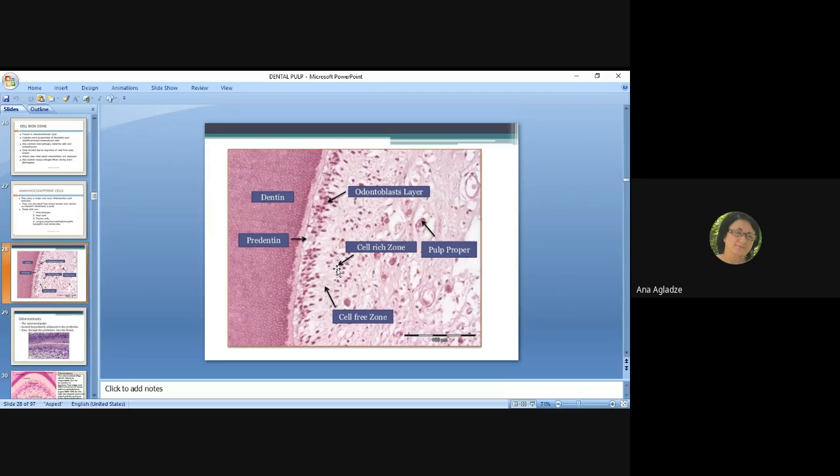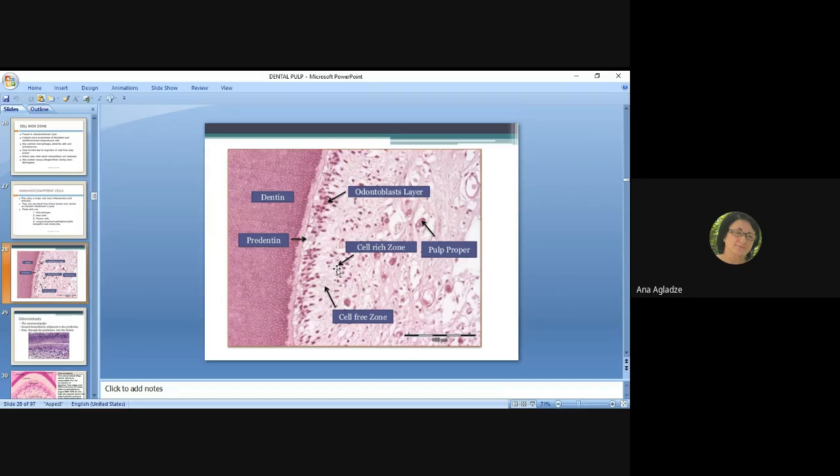And in a tooth which is subjected to a mild insult such as dental caries or other trauma, the odontoblast is able to respond by laying down tertiary reactionary dentin, which is essentially an accelerated deposition of secondary dentin. And you know that the odontoblast is a post-mitotic cell and cannot divide.